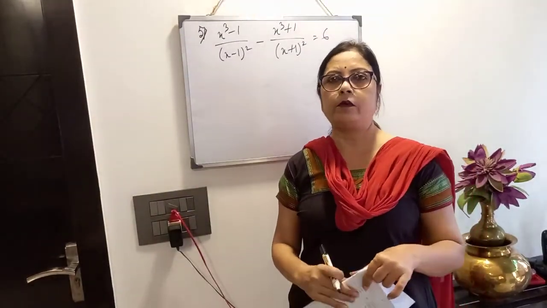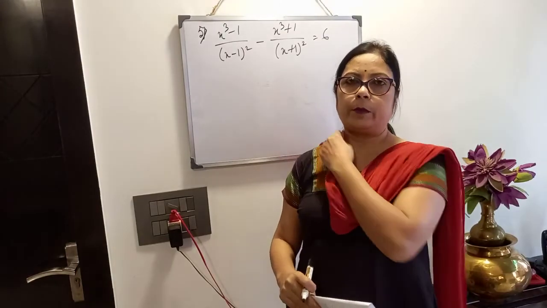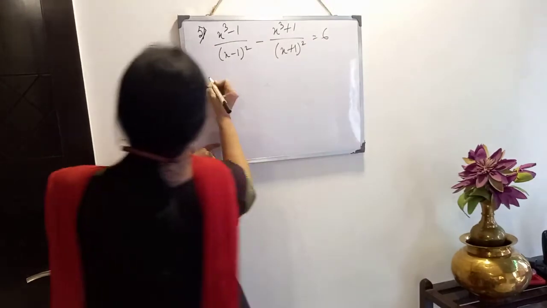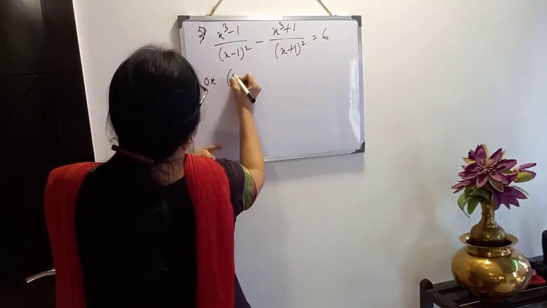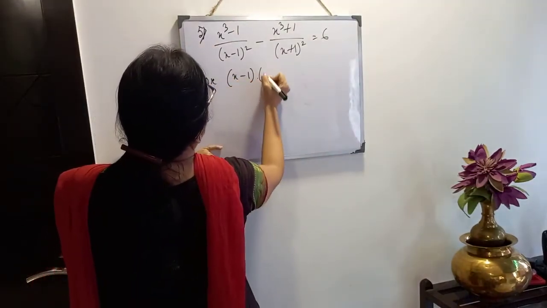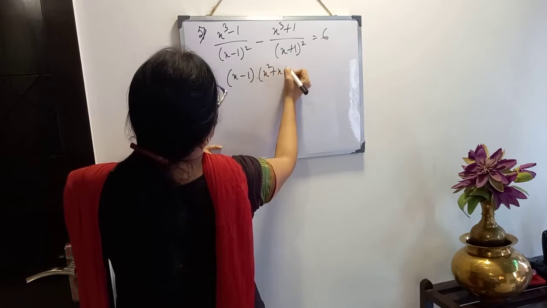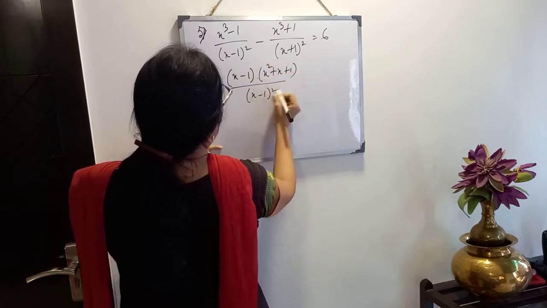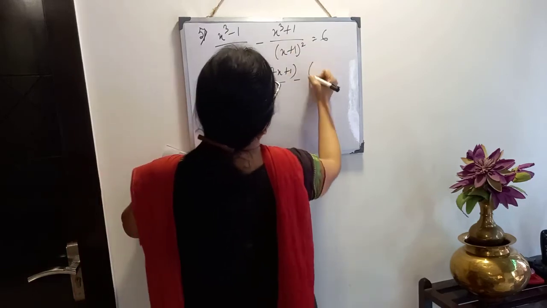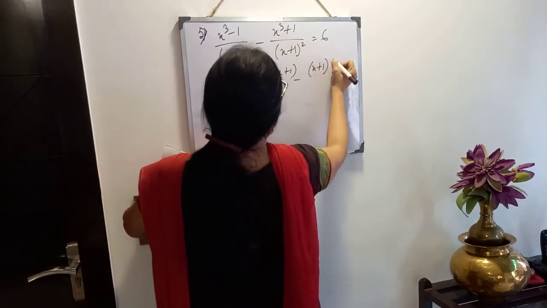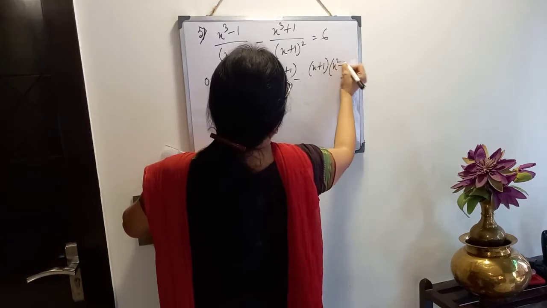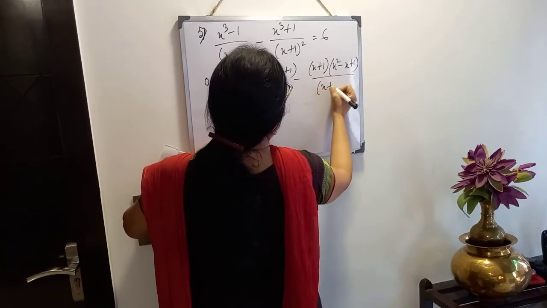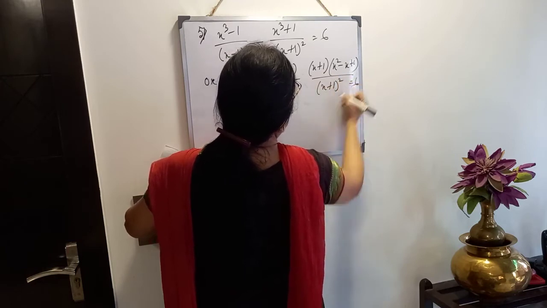That means a cube minus b cube, and that formula is (a minus b) into (a square plus ab plus b square). So here we will write down (x minus 1) into (x square plus x plus 1) in the numerator, and denominator (x minus 1) whole square, minus, with the same formula for a cube plus b cube, (a plus b) into (a square minus ab plus b square) by (x plus 1) whole square, equals 6.